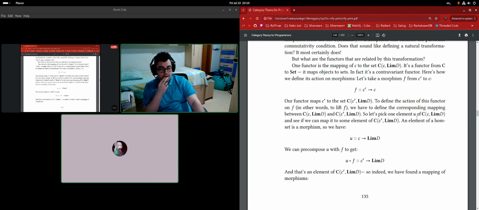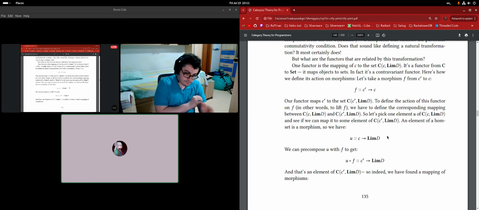So let's pick one element u of C and see if you can map it to some element here. I think the second one actually is, because this is contravariant, we're not going directly to the place that we want to be.